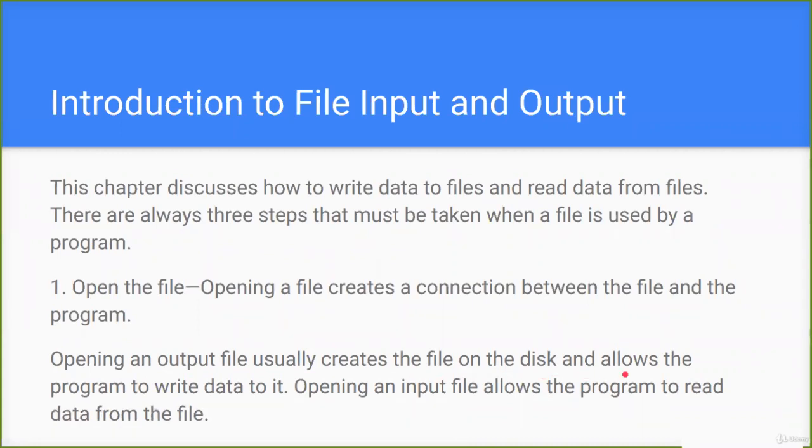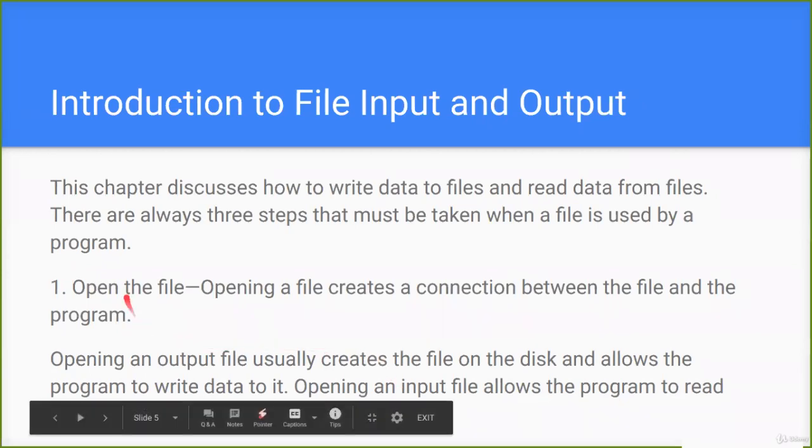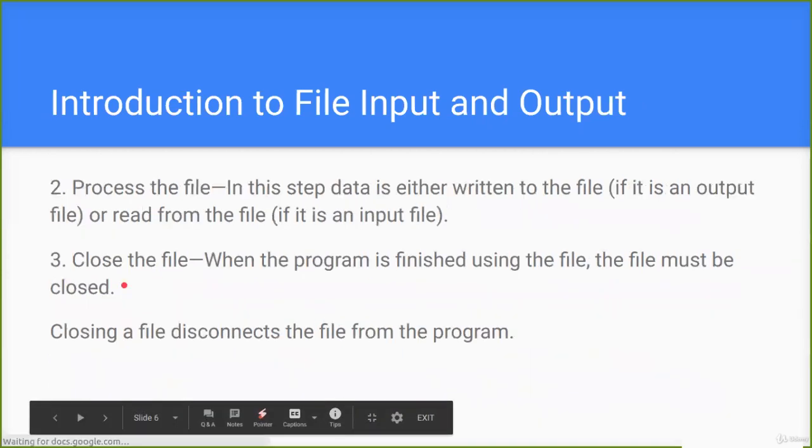Once you give this command in Python, it will automatically create a file upon your disk, and the program will allow you to write data into the file. So the first step is to open up a file.